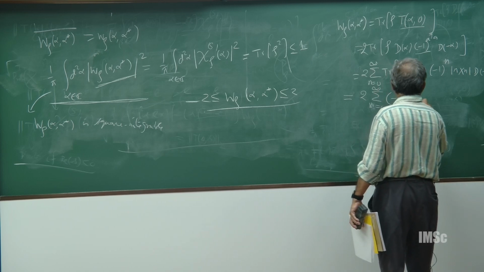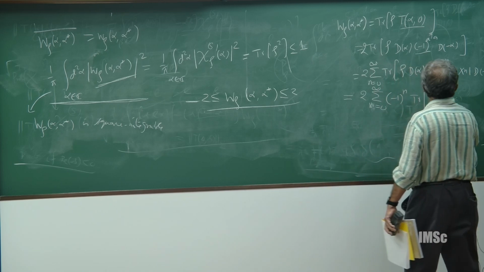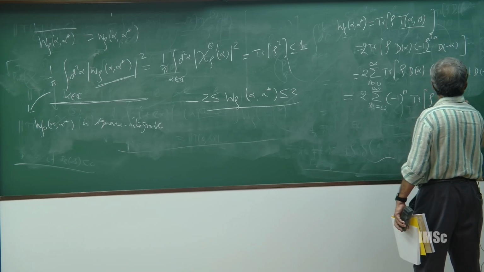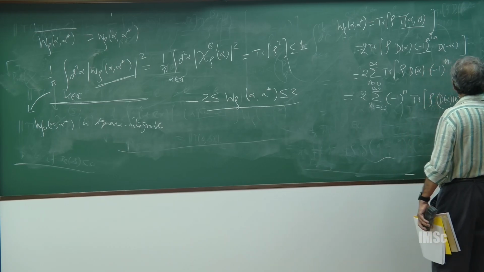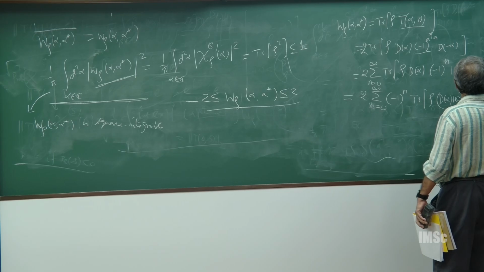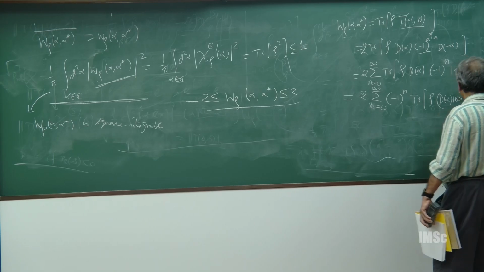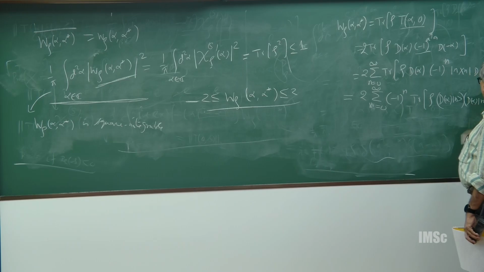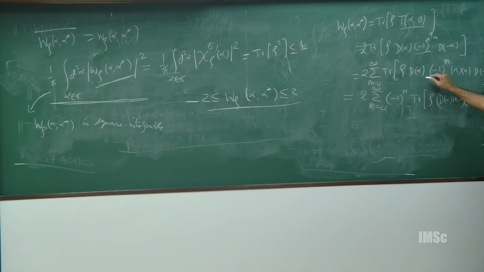So, trace of rho, this is D(alpha) acting on |n> and then D(alpha) acting on <n|, is that correct? This is what you will have, and for this you will have this thing, okay, right? D(alpha) acting on |n> and then D(alpha) acting on <n|.